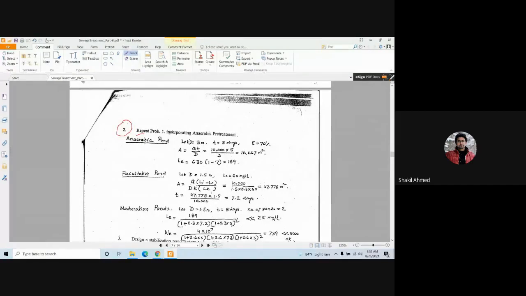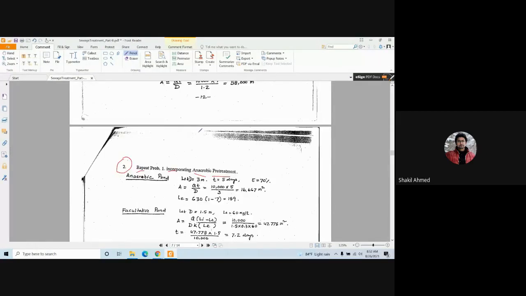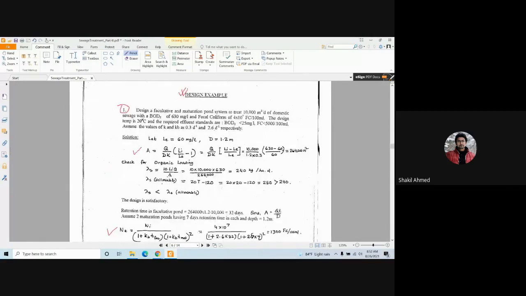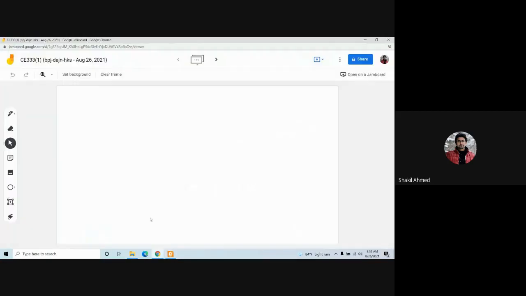Now incorporating anaerobic pretreatment. So here in this problem, we had the facultative pond as well as we designed two maturation ponds, right?